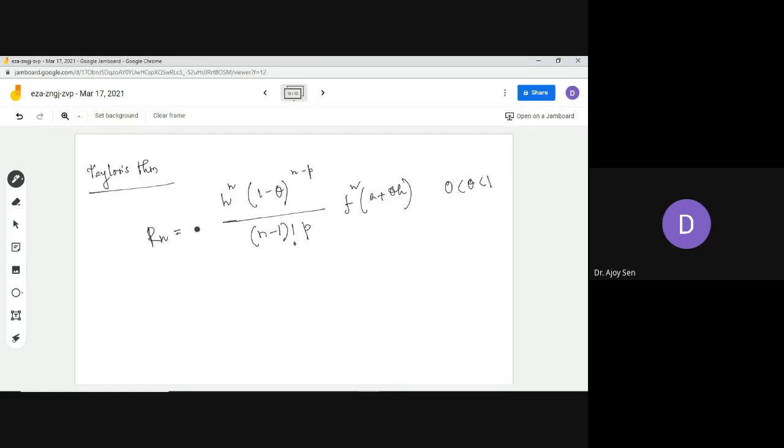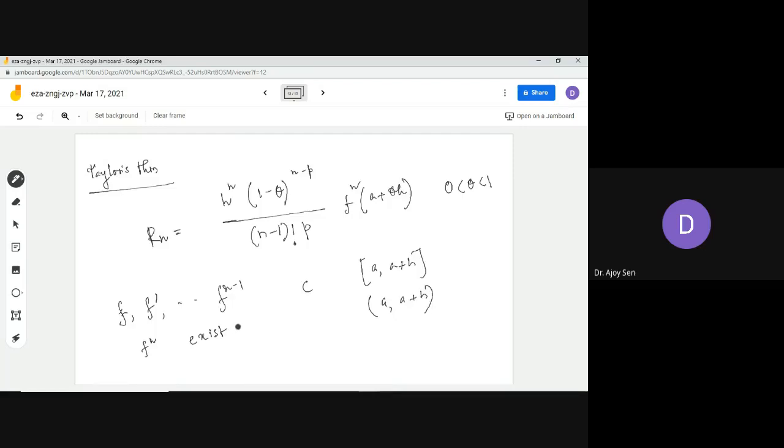So the rest of things are the same. The continuity of all the things is assumed. That means f dash up to f n minus 1 are all continuous, and f n exists, so they are continuous in this region a plus h, and the derivative exists here.